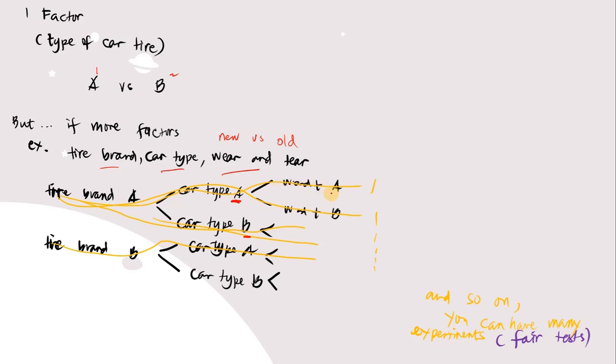Tire brand B, and then you also pair new A versus old B. So here is car brand B with tire brand B and car type A, and so on. So how many experiments can you have? Theoretically that would be 1, 2, 3, 4, 5, 6, 7, 8. You can have 8.